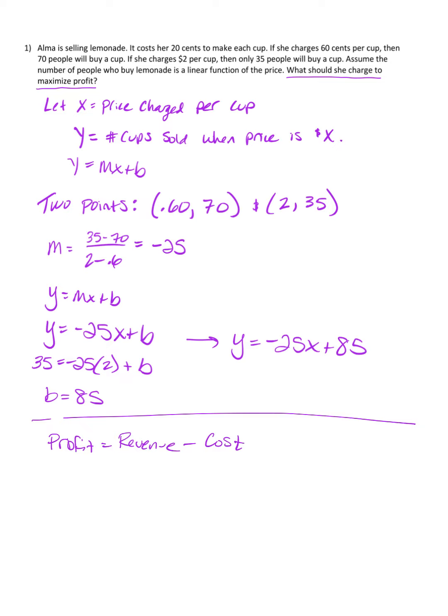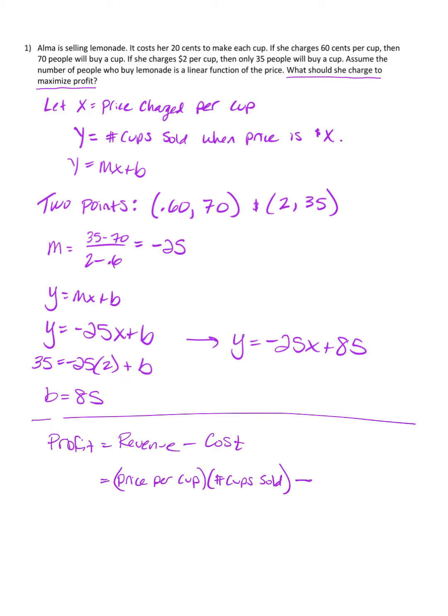We calculate it by looking at the price per cup, the amount of money that you make on each cup that you sell, times the number of cups sold. That's your revenue, all the money that comes into your business. And then we have to subtract the cost.